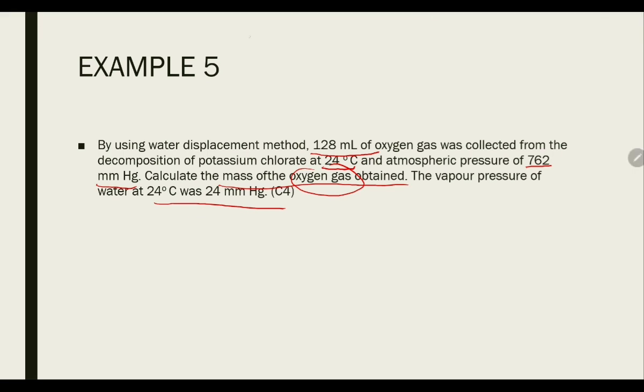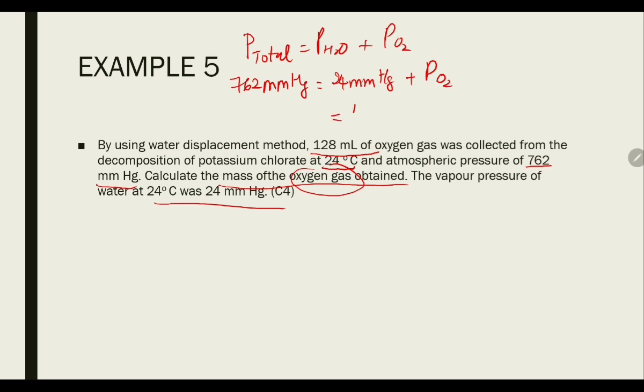We're going to use the concept of Dalton's law here. P total equals P water plus P oxygen. Given that P total is 762 millimeter mercury and P water is 24 millimeter mercury, P O2 is simply P total minus 24 millimeter mercury, so you will get 738 millimeter mercury.